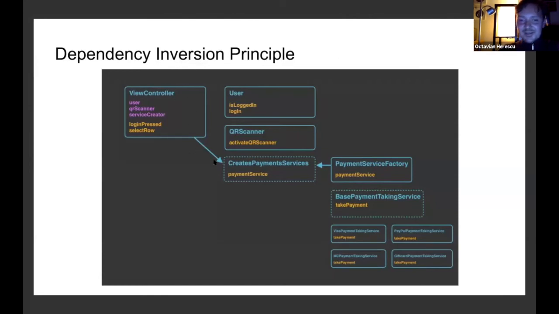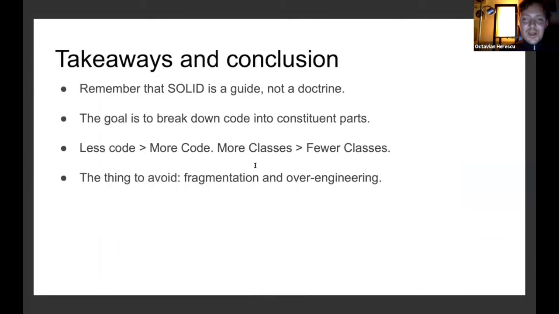By the way, I hope you guys can see my mouse. I'm moving things around. Okay, yes, perfect. So the goal, again, is to break things down into constituent parts. A good rule of thumb, just in general, is that less code is much better than more code, and more classes are better than fewer classes.